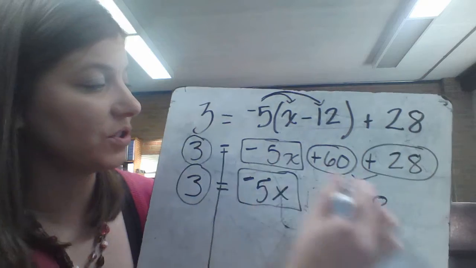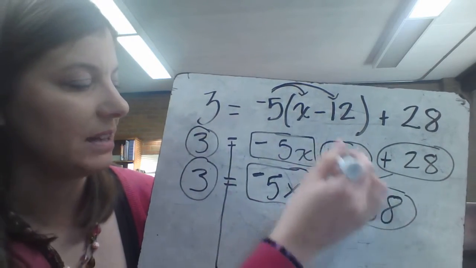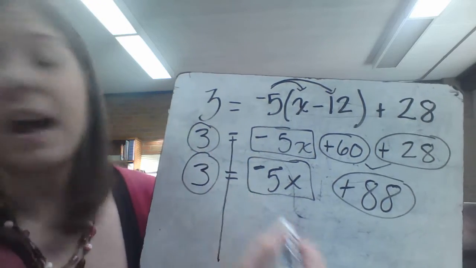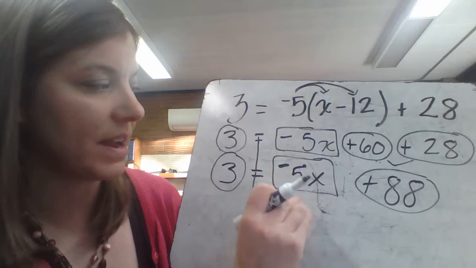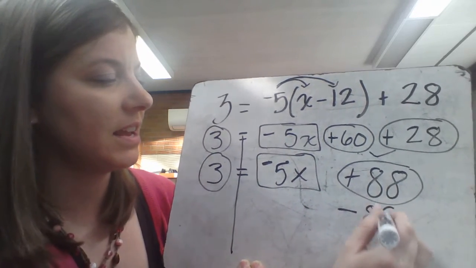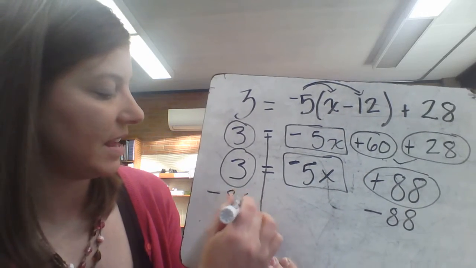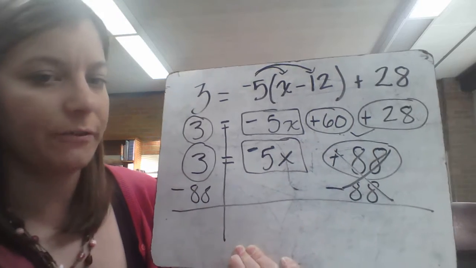I'm gonna do boxes and circles again. And now I see I have all the boxes here, so I need to bring this 88 over here. I need this to go away and be 0. Okay, I need to get x all by itself, so it's the last thing I move. So the opposite of positive 88 is -88 to both sides. Okay, this is 0. I cross it off.